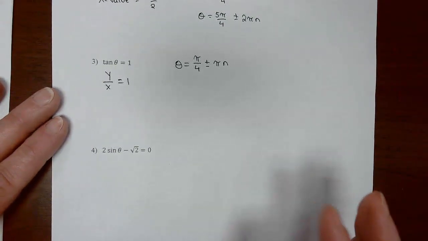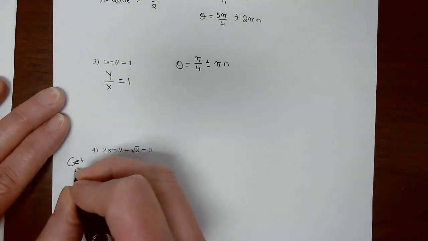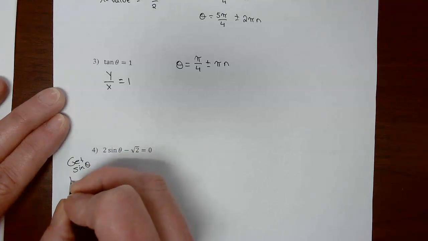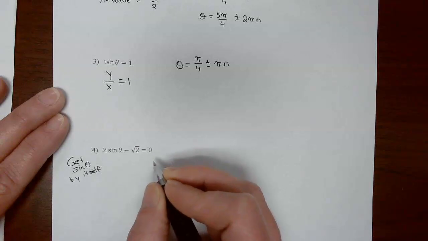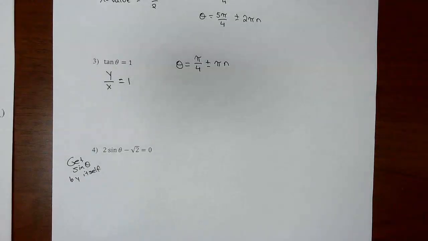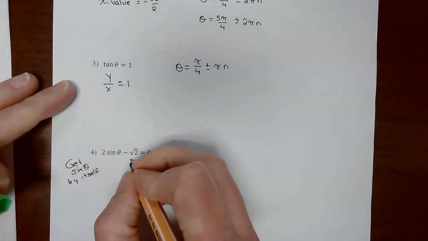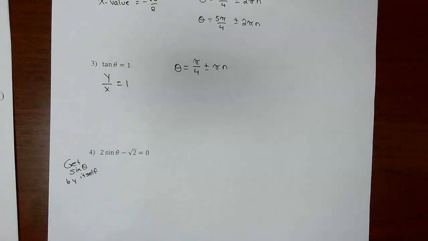Oh no, this one we don't have sine by itself yet. So the first step is going to be to get sine by itself. So the first thing would be to add the square root of 2 over. Ooh, that's not a good color to use. Let's find a different one.